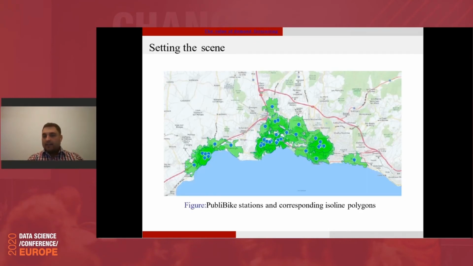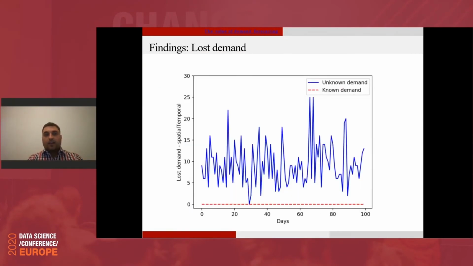So as a case study, we took the bicycle sharing system of Lausanne with its real stations, and we simulated the demand. And we found that when we know the demand in advance, we are able, with appropriate rebalancing operations, to actually come to zero lost demand.